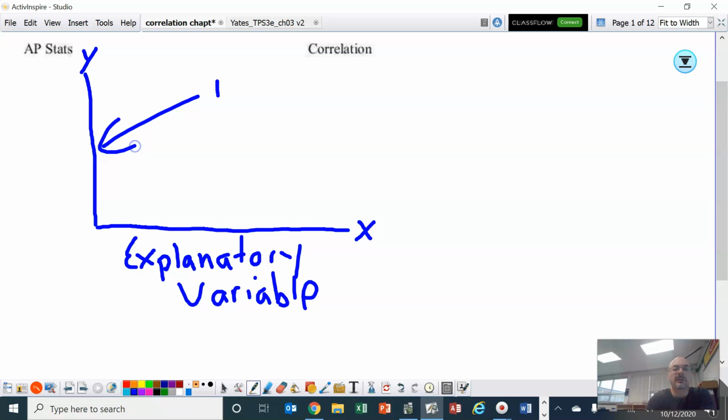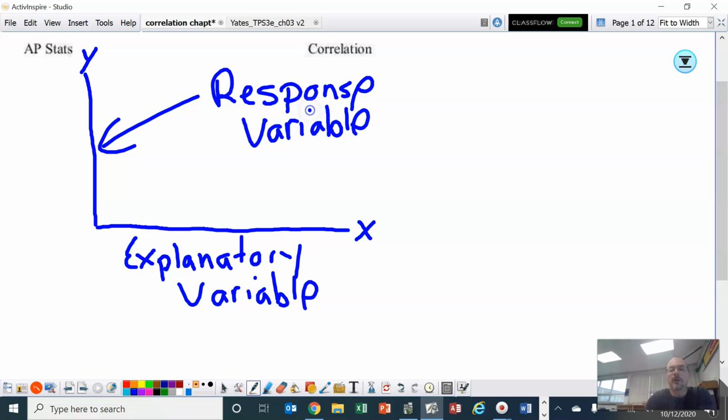The y-axis is called the response variable. So the data that goes on the x-axis, the numbers, that's going to explain what the response is. All right, so remember that.